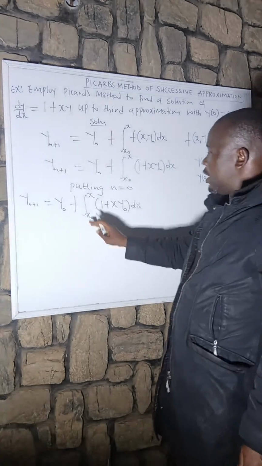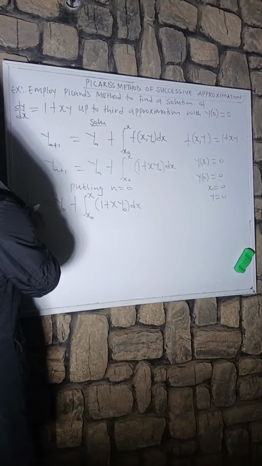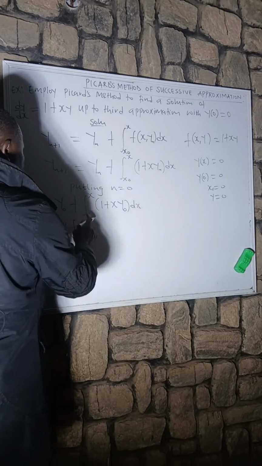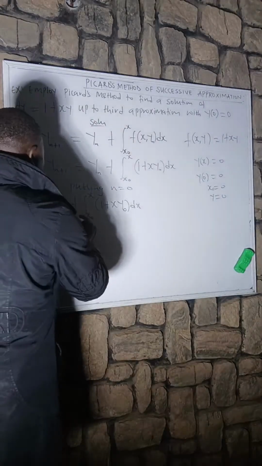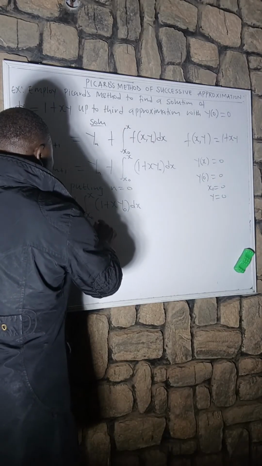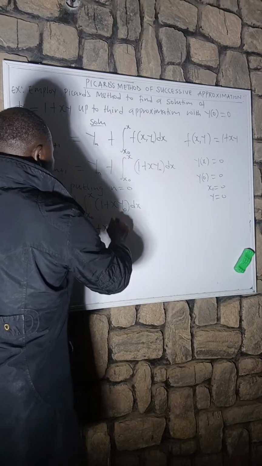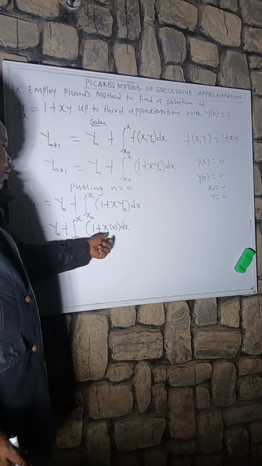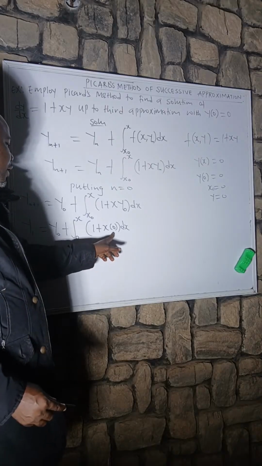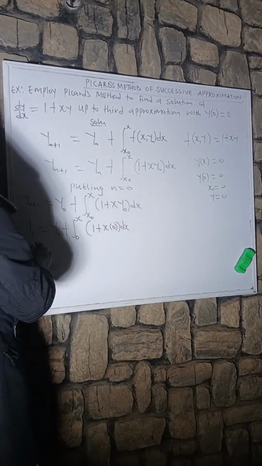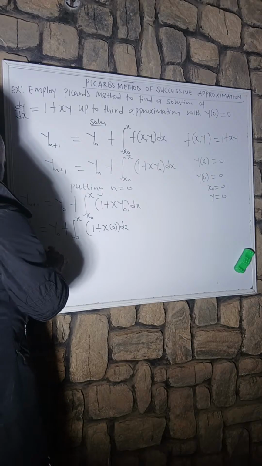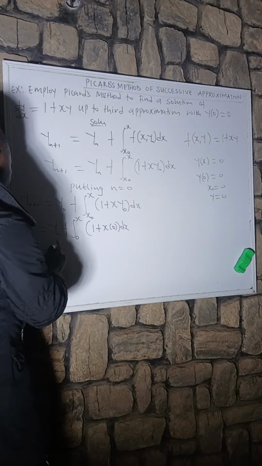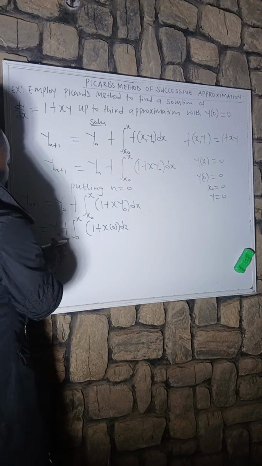So here y 0 plus 1 is y1, which equals y naught plus the integral from x naught, which is 0, to x of open bracket 1 plus x times y naught, which is 0 times 0, close bracket, dx. So x times 0 is 0, and y naught is 0.